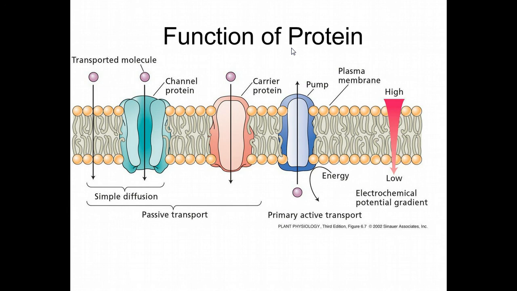Almost all minerals get into the plant by active transport. Very few just diffuse through. And you'll see that when we talk about mineral nutrition. You'll see this again, like everything in here, you see it again, and again, and again. Also, another factor of active transport is that it can work against the concentration gradient.